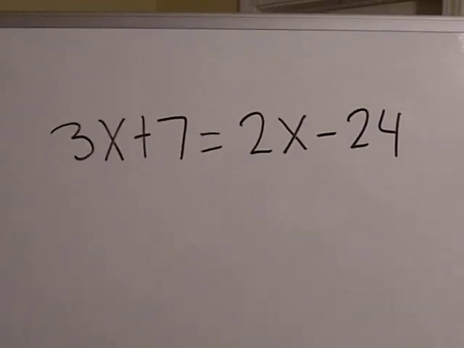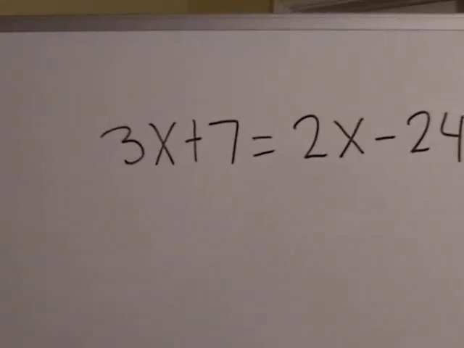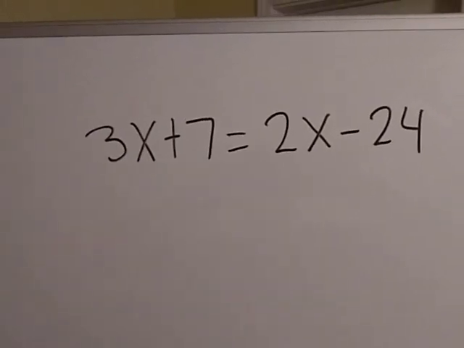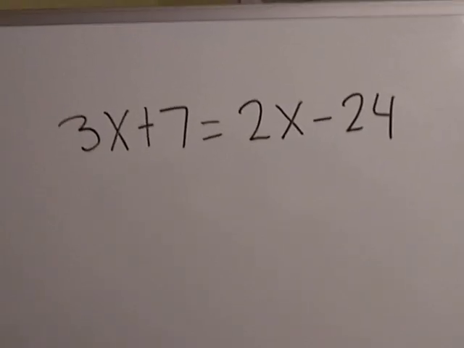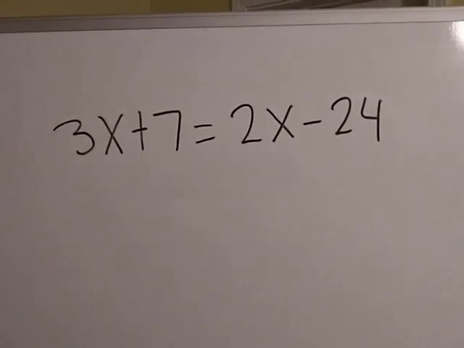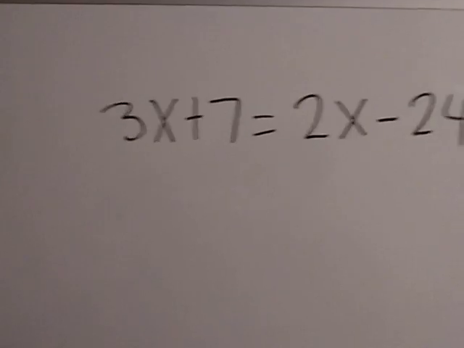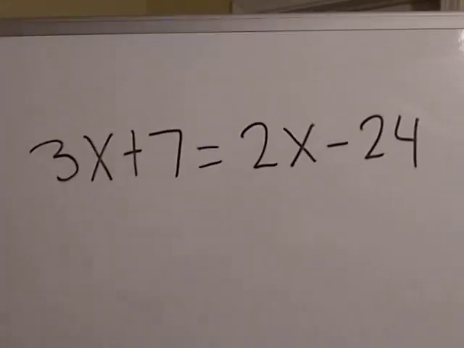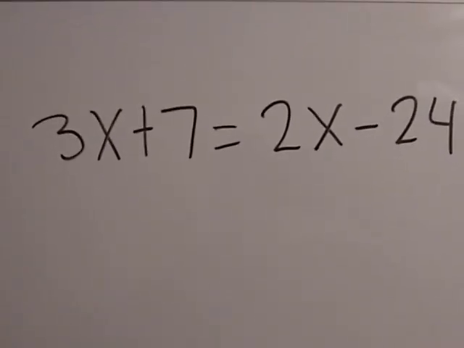And one of the ways that I tell students to proceed, to make your life a little easier and not get confused with negative variables, keep in mind that whenever you're trying to solve or find the value of a variable, the variable always has to be positive. That's why I tell students to do the following: if there are variables on both sides, move the smallest number of variables to the side of the equal sign that has the most.